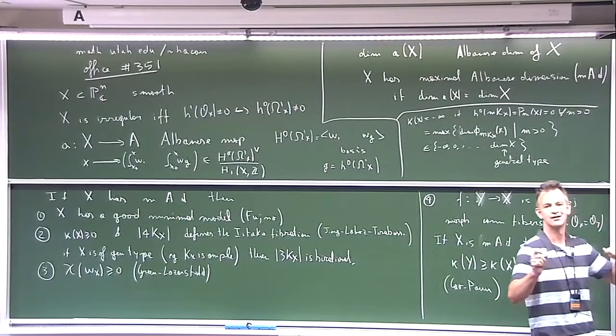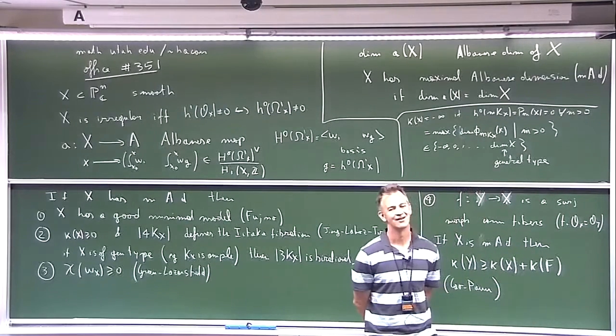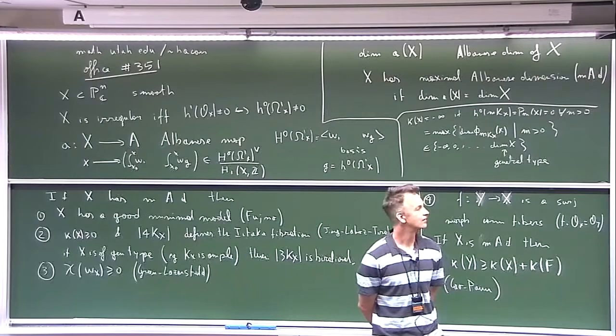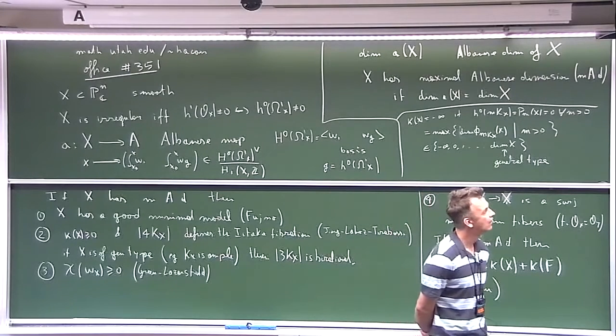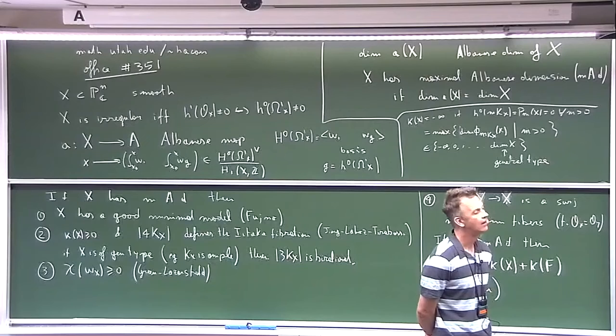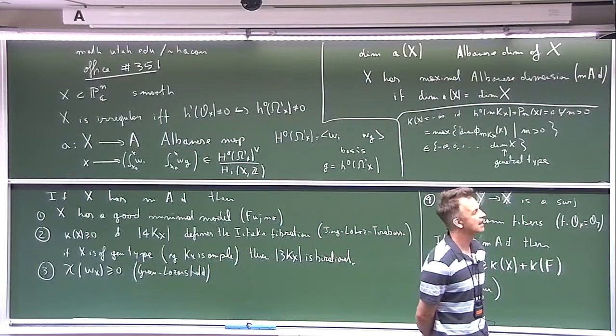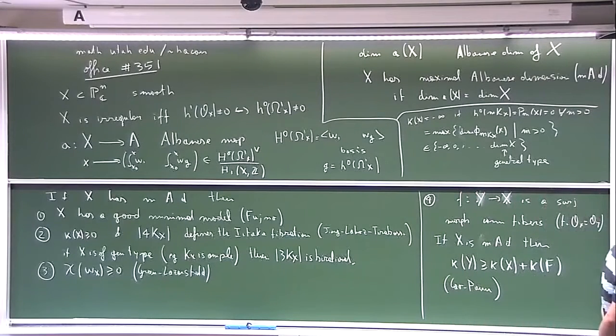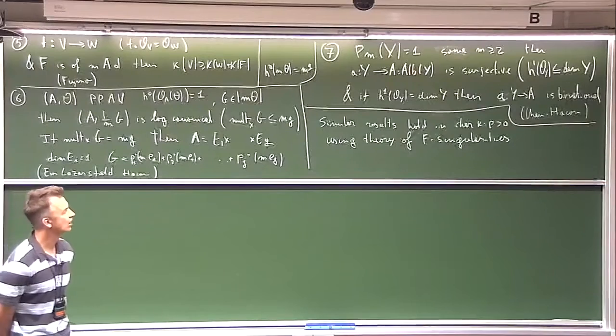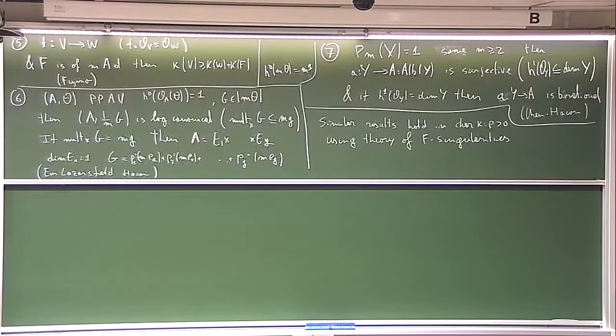Can you give me just one example of the first statement of number 7? P_m(Y) is equal to 1, and then other than elliptic curves. P_m(Y) is equal to 1, and the Albanese map is surjective. Okay, so not an elliptic curve.